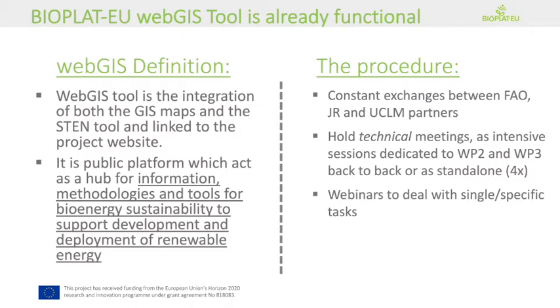For the construction of the tool, the procedure for gathering functional requirements has been constant interaction between the members of the technical teams of the project, constant exchange between FAO, JRC, and our own university, UCLM, holding technical meetings, webinars, and specific tasks.